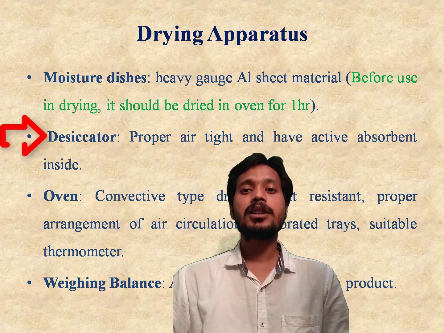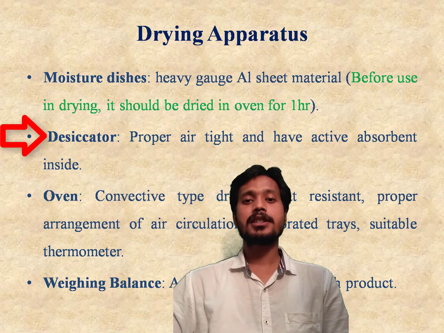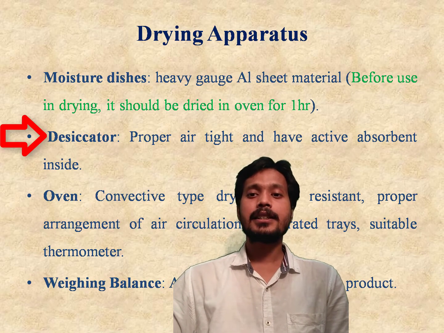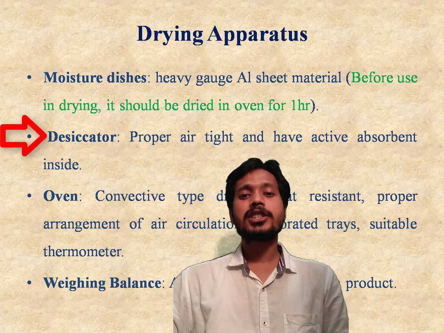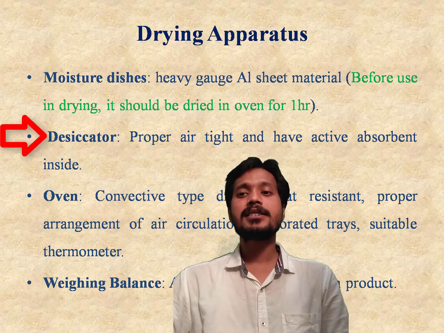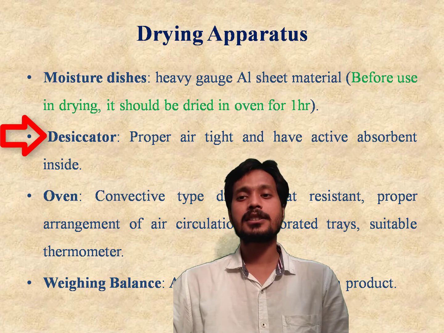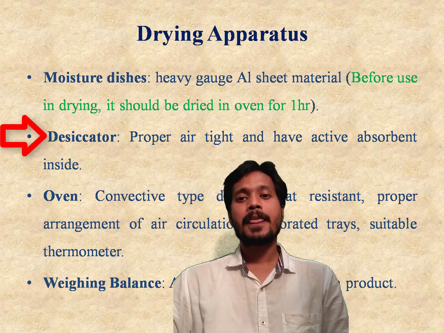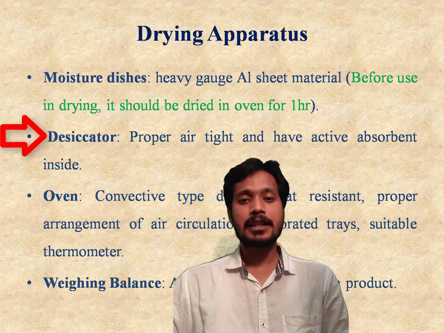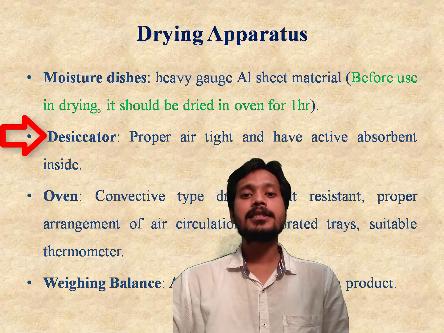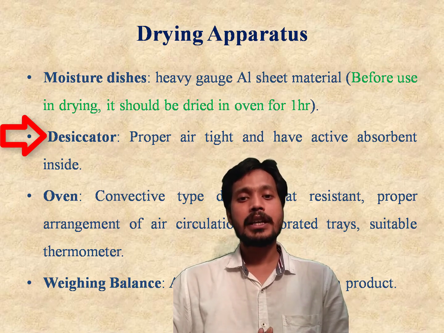by drying. Next, another important apparatus is the desiccator. A desiccator just prevents the escaping of moisture. A very active absorbent is present inside, and it is a very airtight container, so inside this there is no chance of moisture going in or out.